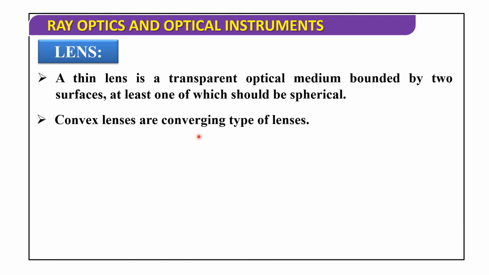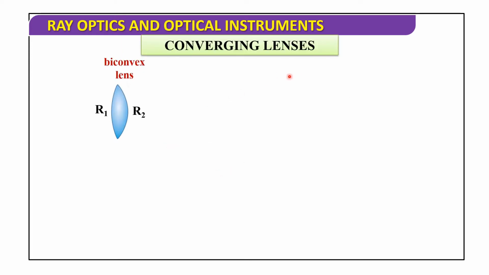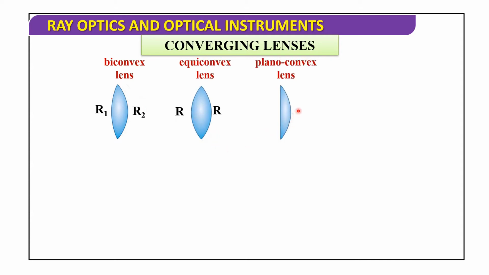Convex lens or converging type of lenses. Concave lens or diverging type of lenses. Converging lenses: biconvex lens, equiconvex lens, plano convex lens, convexo concave lens.